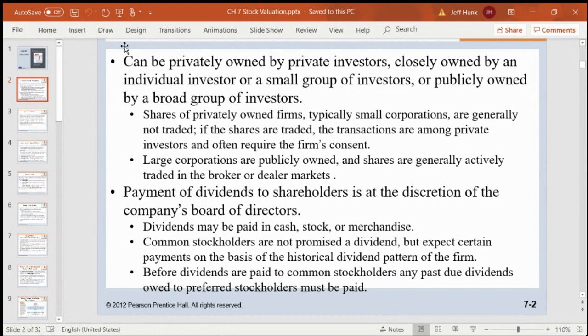Okay, and paying dividend in merchandise. This is also ridiculous. Usually, if they do, they are trying to unload their unsold inventory. If it is unsold inventory, then that means you're stuck with the unsold inventory that you have to liquidate.